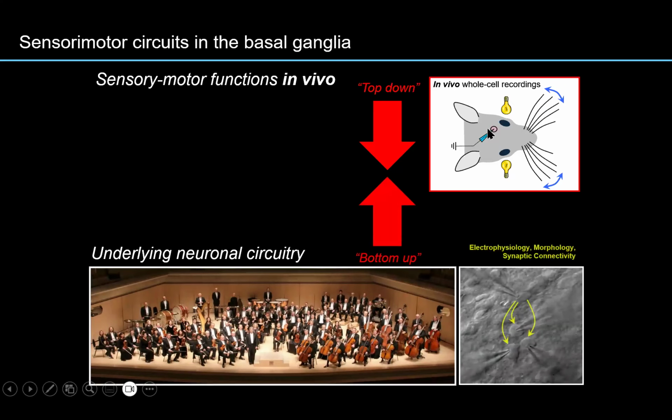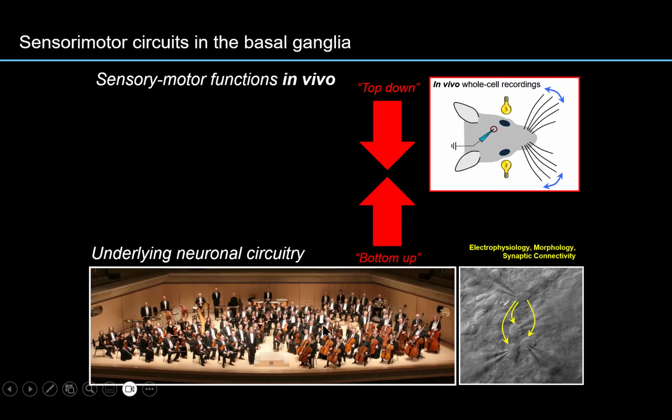To understand the circuit and how the neurons are connected to each other, we use slices, and we do patch clamp recordings from several electrodes from different neurons in the region, and try to understand how the different cell types, or the different instruments in the orchestra, talk to each other.